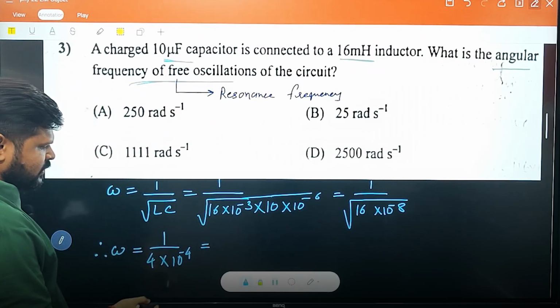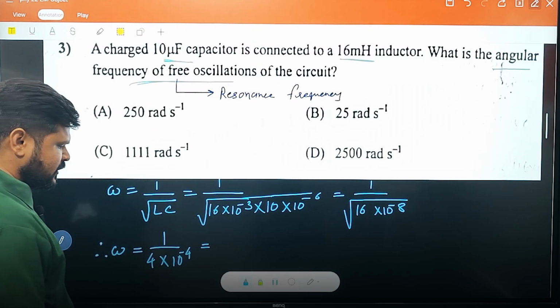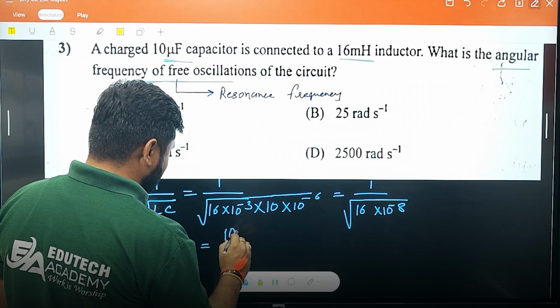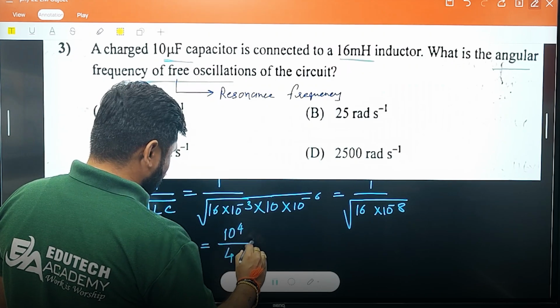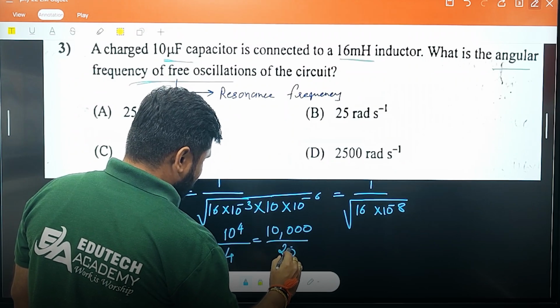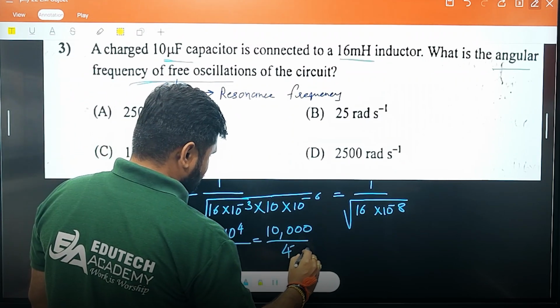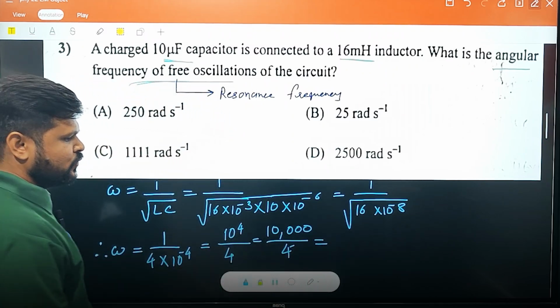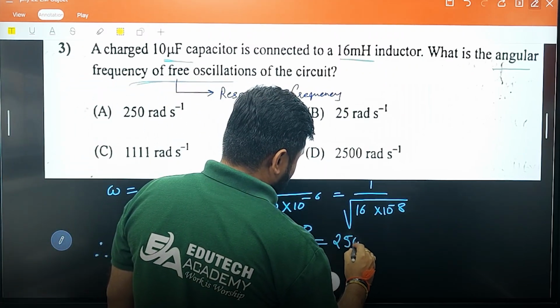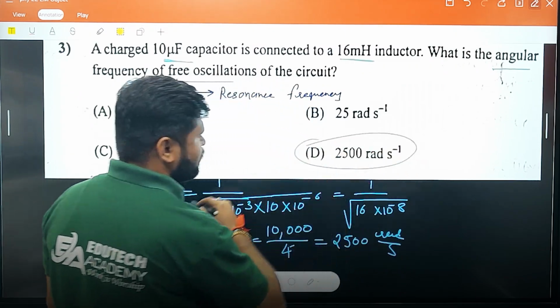Now this 10 raised to minus 4 is in the denominator, so if we convert it into the numerator, it becomes 10 raised to 4 divided by 4. 10 raised to 4 becomes 10,000, divided by 4. So our answer will be 2500. That is the correct answer, 2500 radian per second, option D, the fourth option.